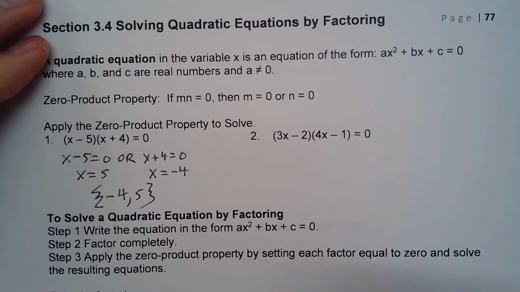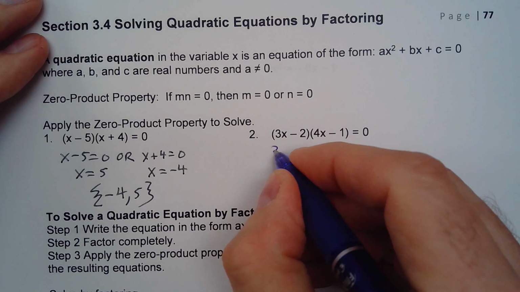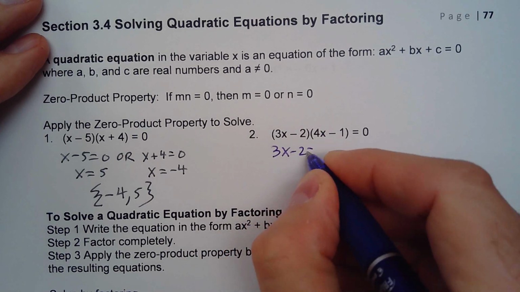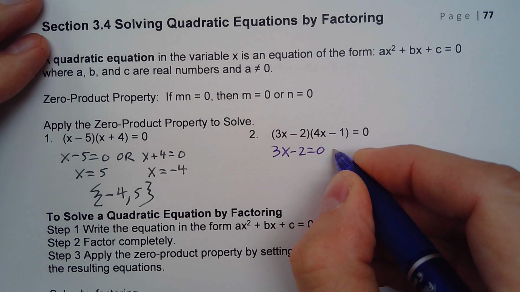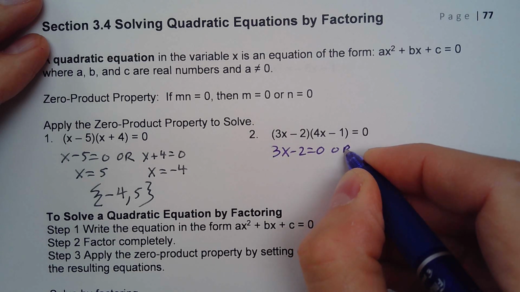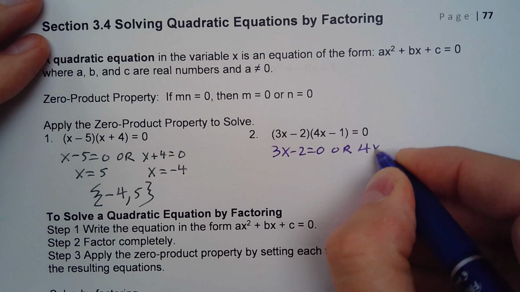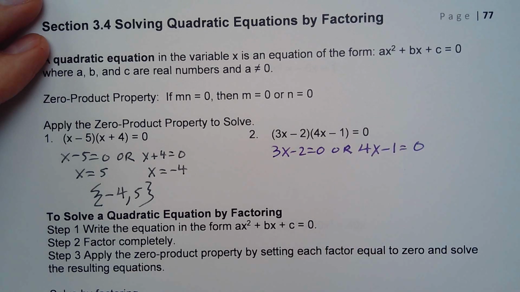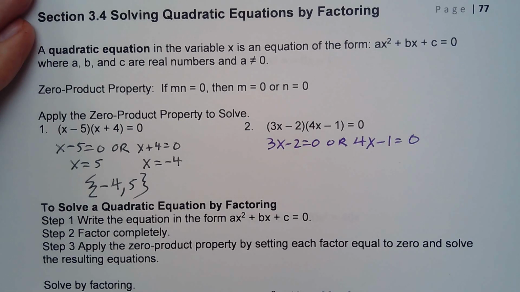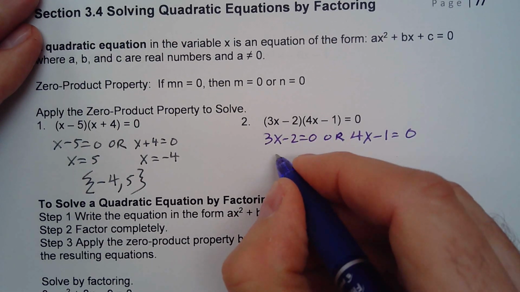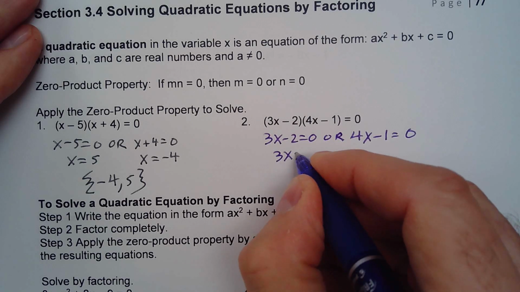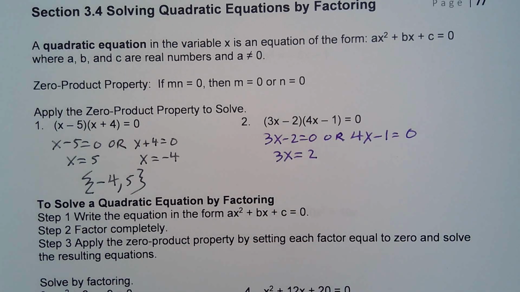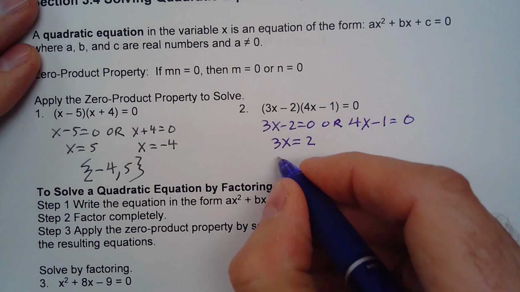The second one's a little bit more complicated, but it's the same thing. We've got a product equals 0. I'm going to set each factor equal to 0 and solve. Well, this one I'd have to add 2 to both sides. That gives me 3x equals 2. And then to solve it, I would need to divide both sides by 3.